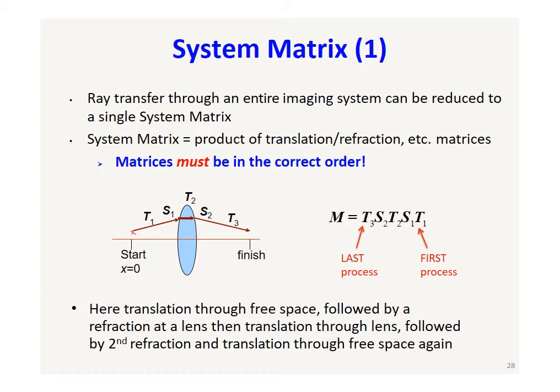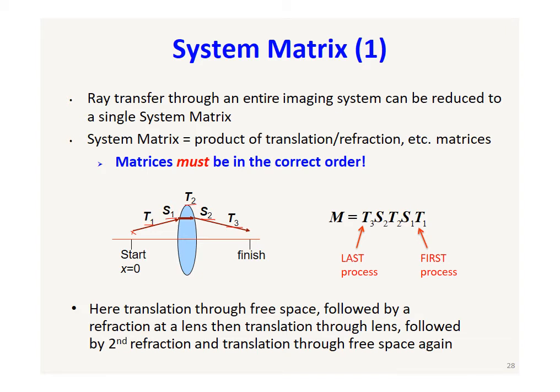We shall use T1 as the matrix that describes that process. It's refracted at that spherical surface, S1. It translates within the lens, T2. It's refracted at the other spherical surface, S2, and then it translates T3 to a particular finished distance away from the lens. To work out the system matrix, we write them in the opposite order.